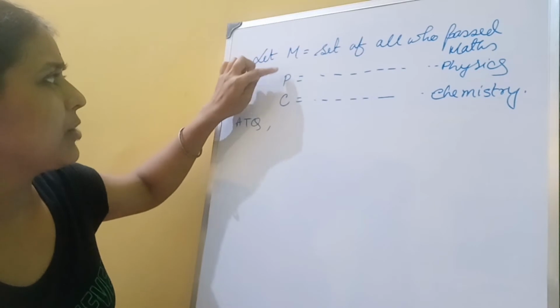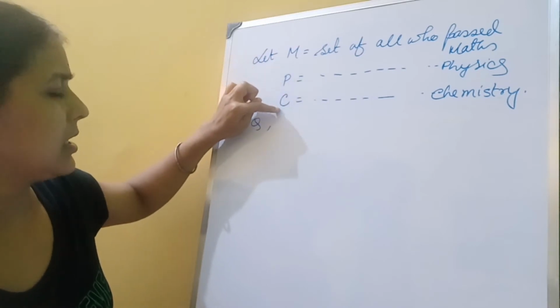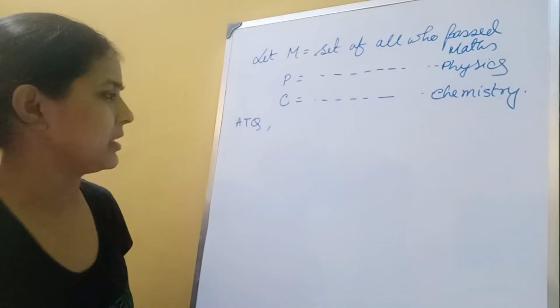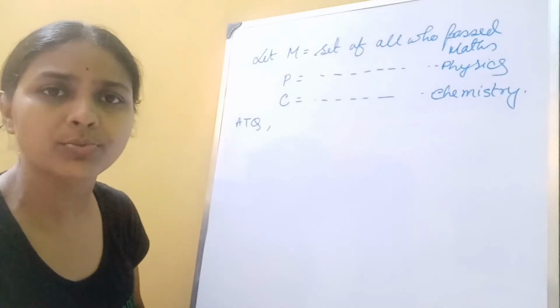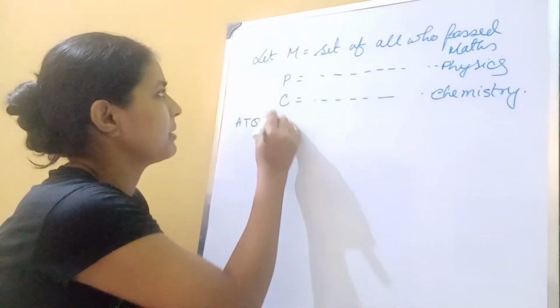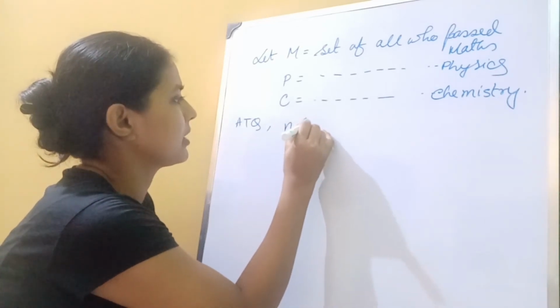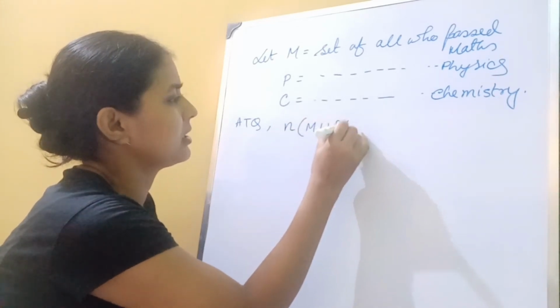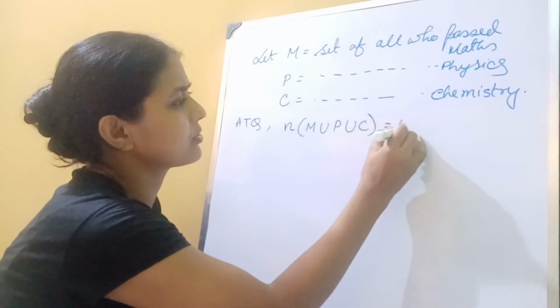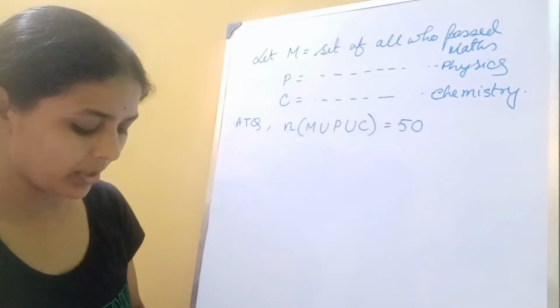number of M union P union C equals 50, because the total number of students is 50, that means their union will be 50. So n of M union P union C equals 50. Okay.